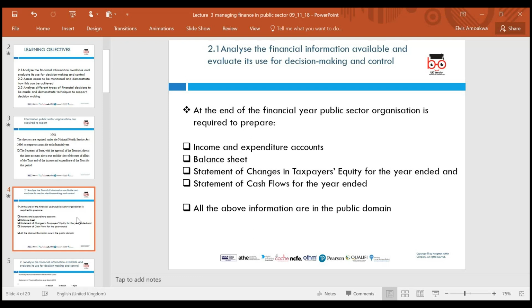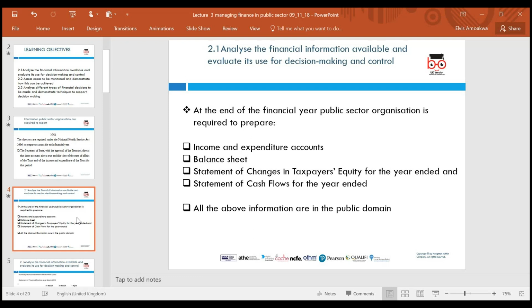At the same time, they have to give us the balance sheet, which shows us the financial state of the trust. And then they also have to provide a statement of changes in taxpayers' equity. Equity is just shares that are being issued out.